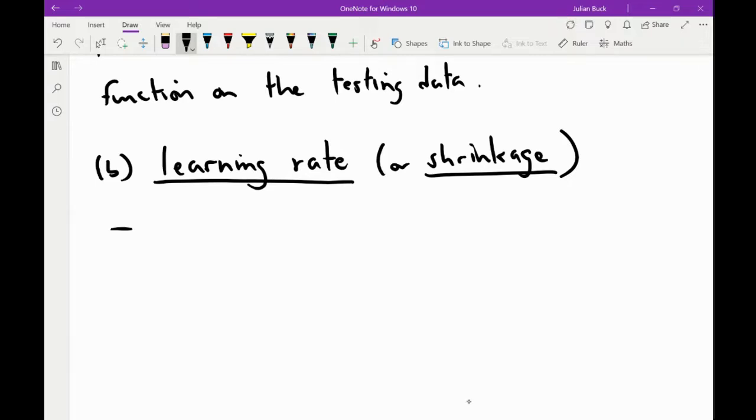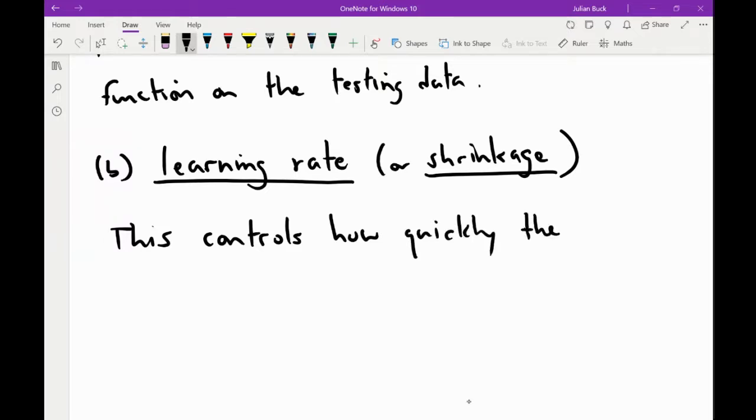So this is the parameter related to the gradient descent algorithm. So this controls how quickly the GBM algorithm learns.